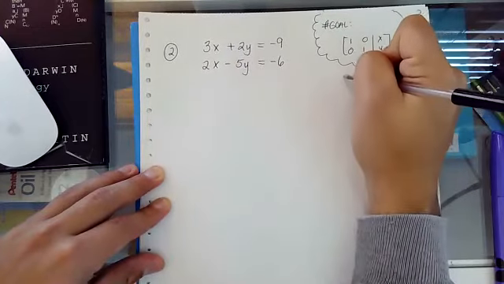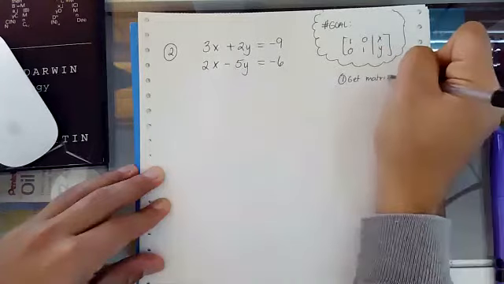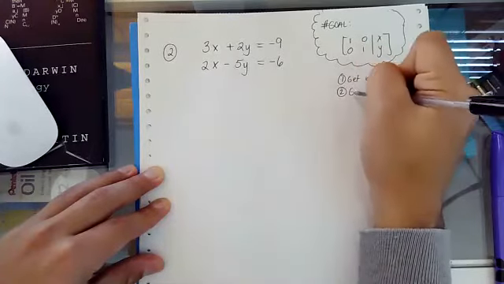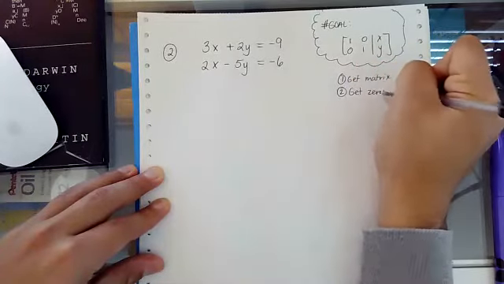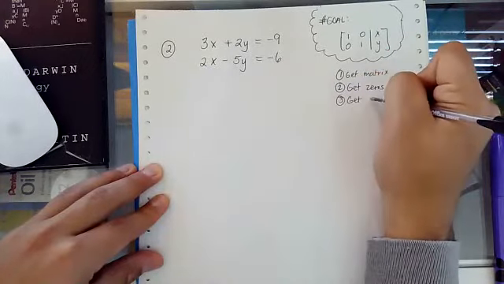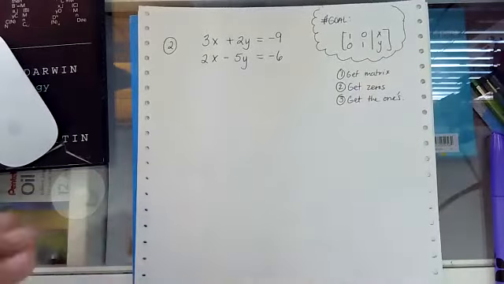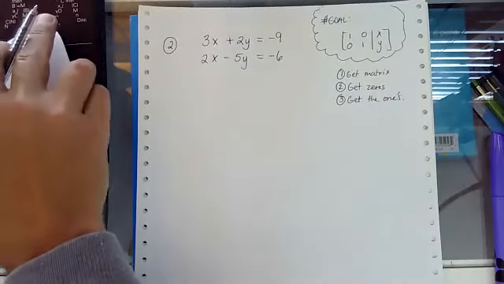So 1, get the matrix. 2, get your zeros first. And then 3, get the ones. Okay.